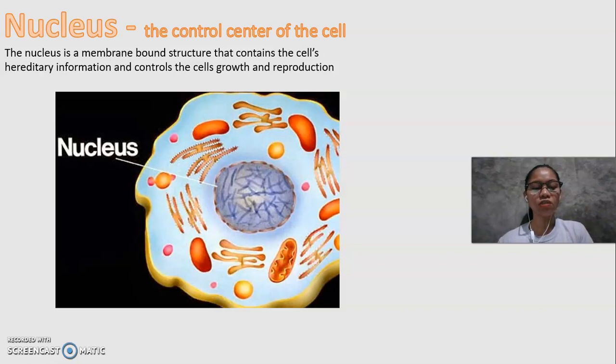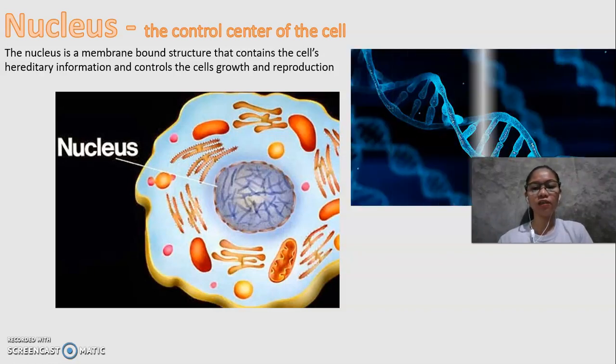It is one of the most obvious parts of the cell when you look at the picture. It is in the middle of the cell, and it contains the cell's chromosomes which encode the genetic material, also called the DNA. DNA dictates what the cell is going to do and how it is going to do it.